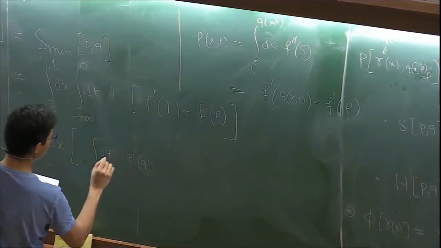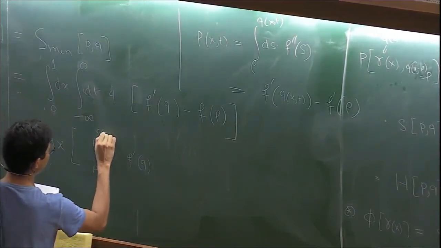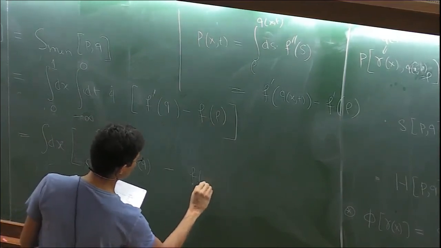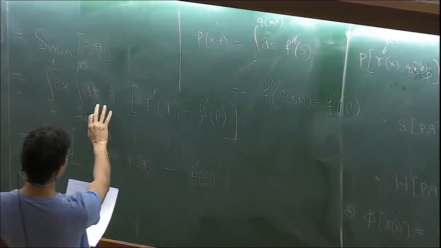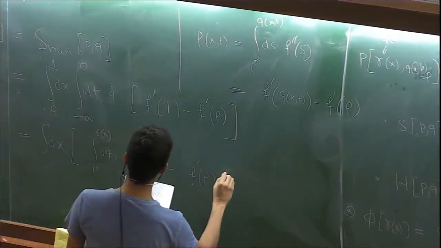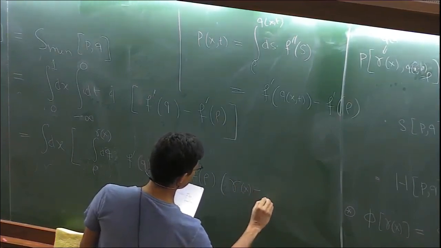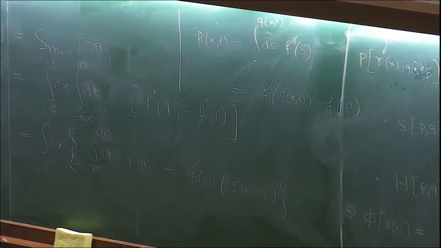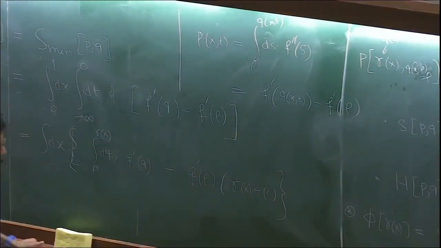It becomes dq, starting at rho and ending at R of x, minus this part, F prime of rho. And I only need to do the integration over Q dot, so this would give me R of x minus rho. Is it clear what I did here? I just did this integration, this part and this part separately.